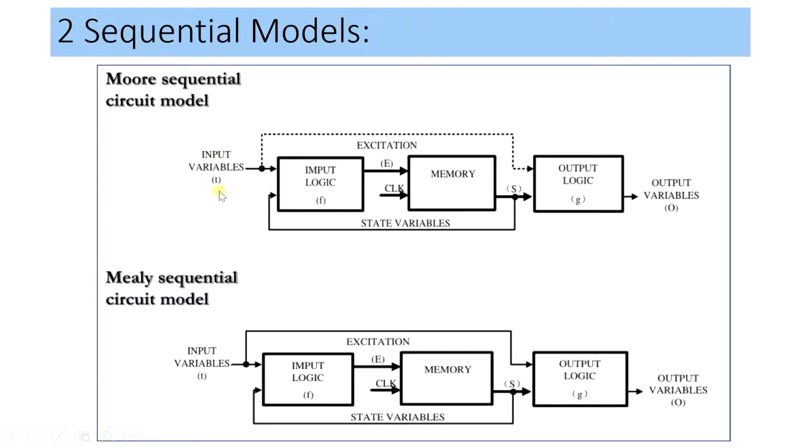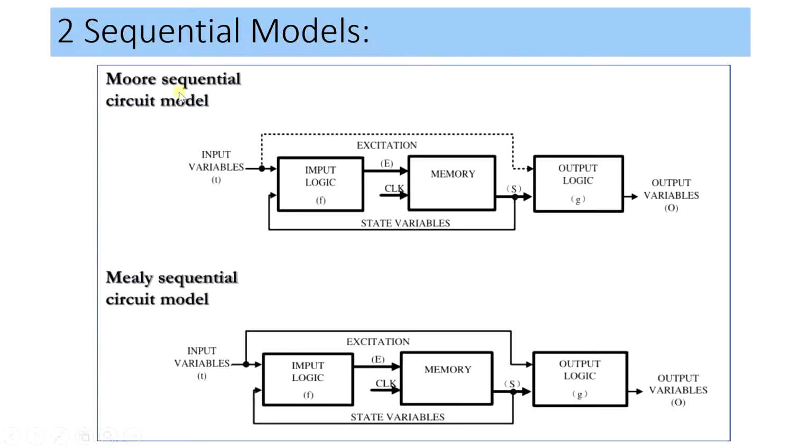Input variables are provided to the input logic, and then you have the memory, then you will have the output logic. If you observe, the output of the memory is also given as an input to the input logic. These will generate the state variables, and for the memory we need to provide the clock.